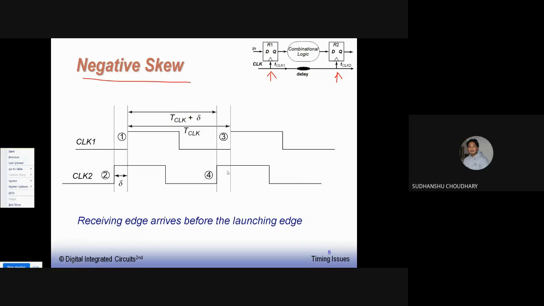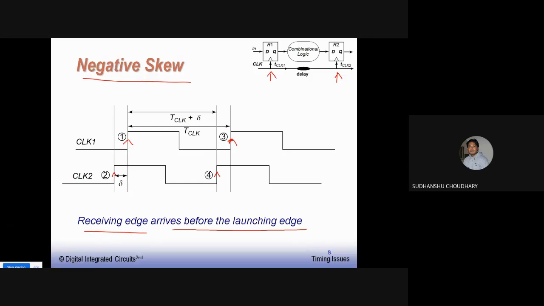Or maybe what we say is that at clock edge 4, we want to sample the data by R2. Clock edge 4 arrives earlier than clock edge 3. Or maybe clock edge 2 arrives earlier than clock edge number 1. That is, the receiving edge arrives before the launching edge.